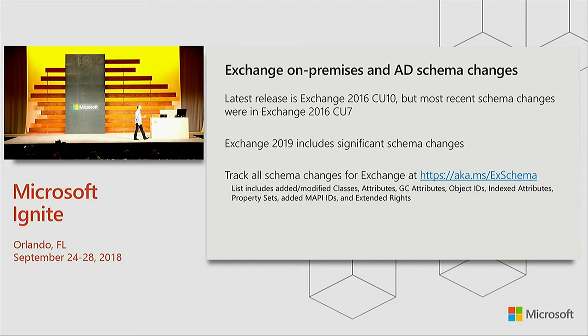We're on CU10 now. 10, 9, and 8 didn't have any schema changes, but as you probably know, they're cumulative, so even if you skip a CU, or if you miss a CU for whatever reason, if schema changes are in there later, we'll go ahead and do all the schema changes that you need to bring you up to date. We also document every single change that we make. So you can go and see all the attributes, all the object IDs, all the MAPI IDs, all the index properties, everything that we're going to change as we make schema changes to your directory.